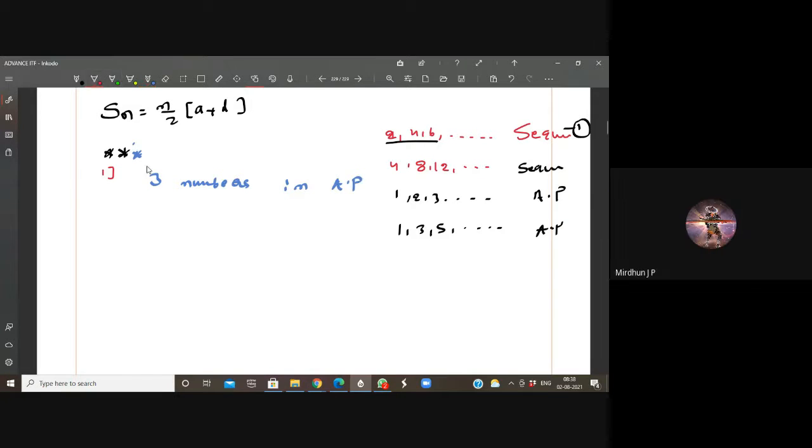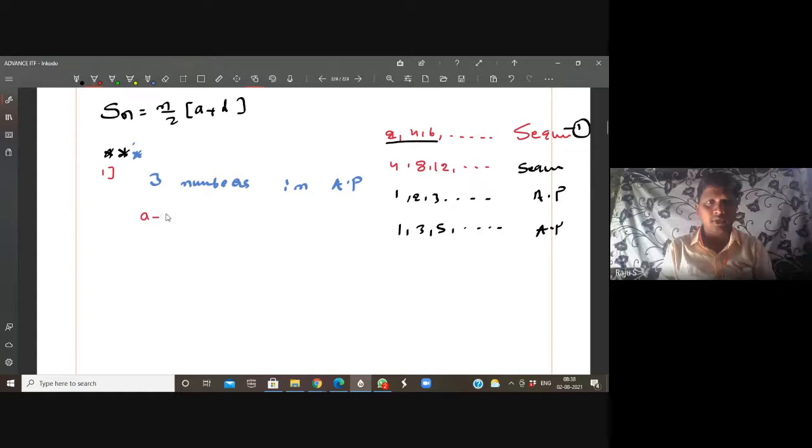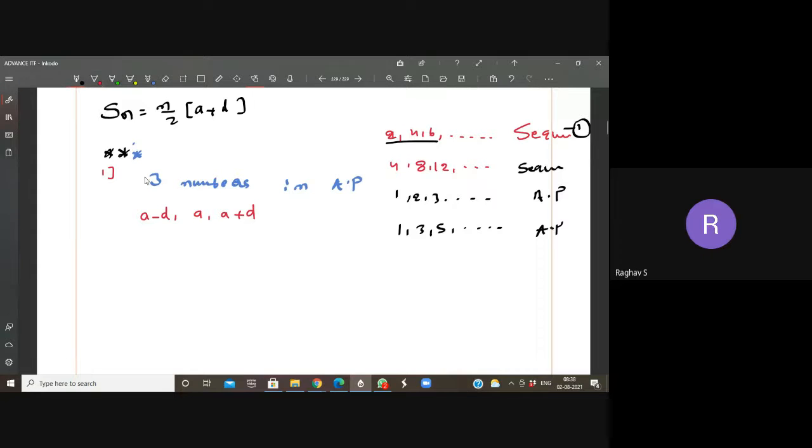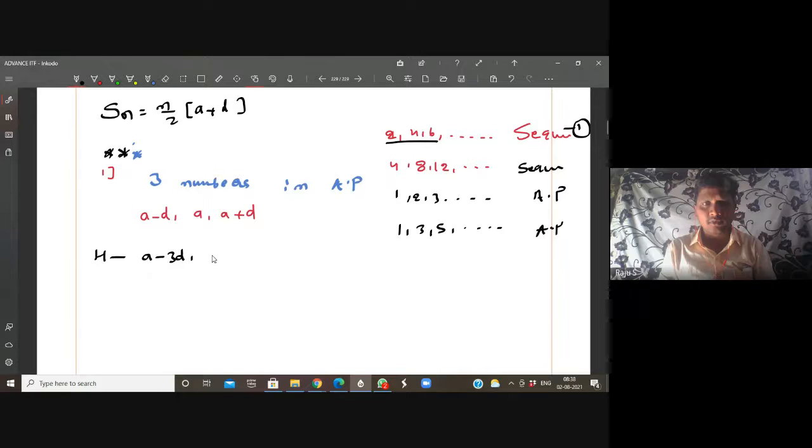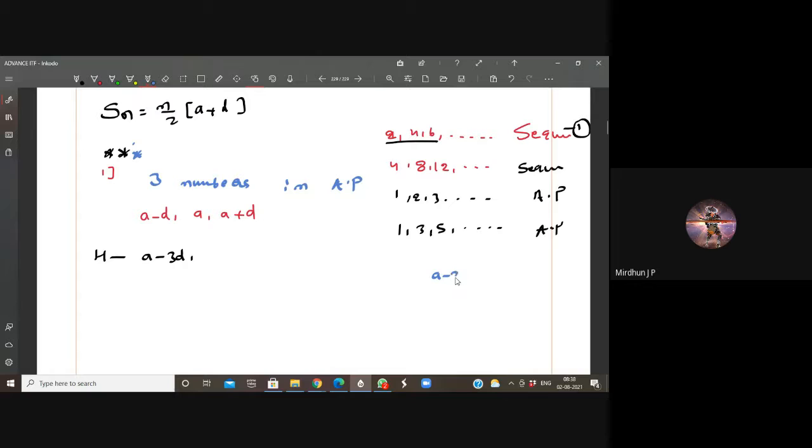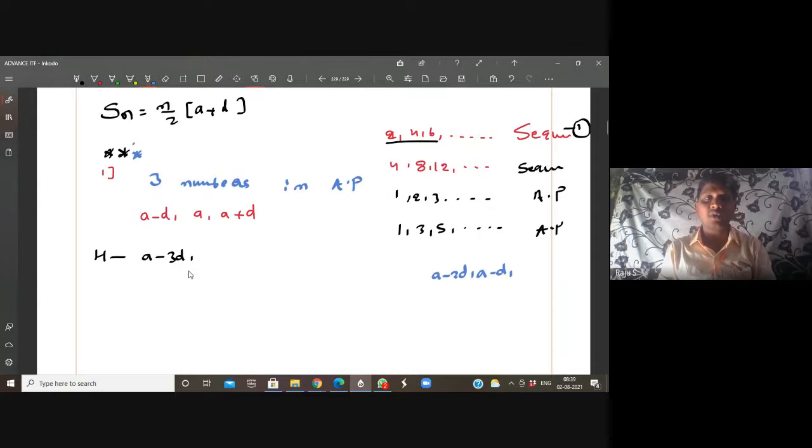For four numbers, what can we consider in AP?